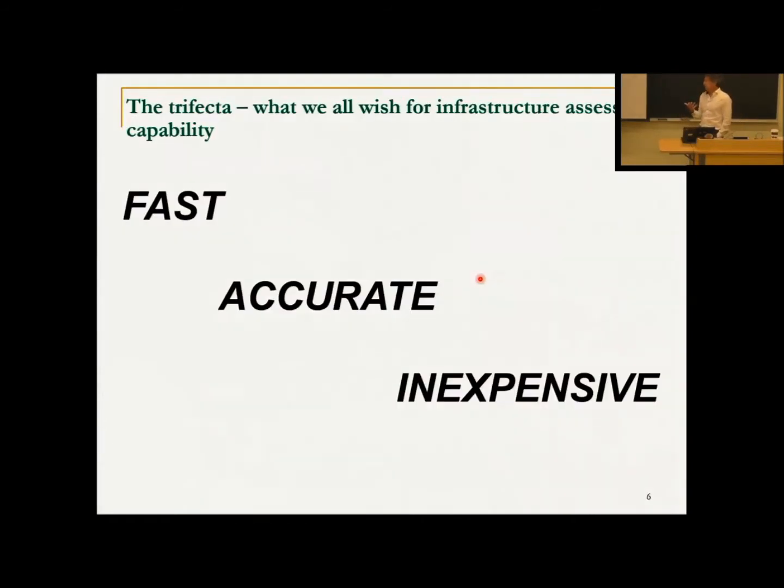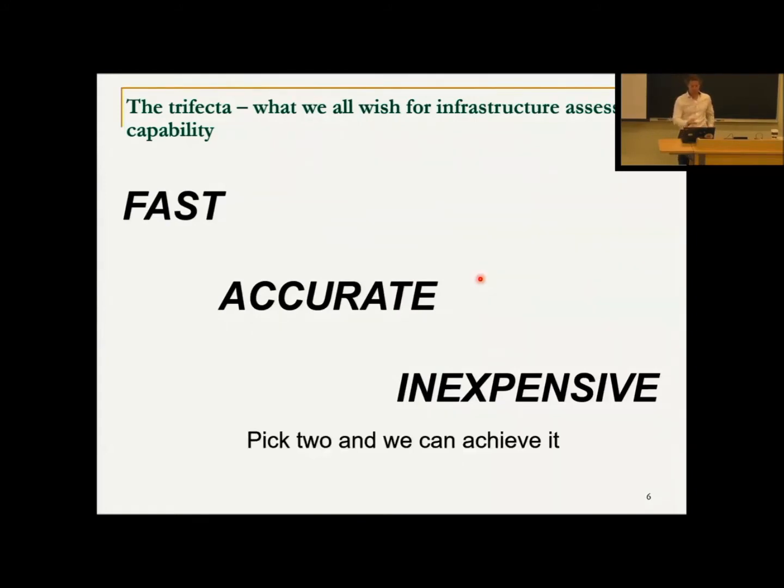When we want to assess the infrastructure, the ideal, the dream, is to have a method that's very fast so we don't have to shut down operation of the infrastructure, perhaps, that it's accurate. It tells us there is damage here and there is damage here, and that it's inexpensive so that we can apply it. Right now, I think for most infrastructure applications, we cannot achieve all three of these with one type of measurement.